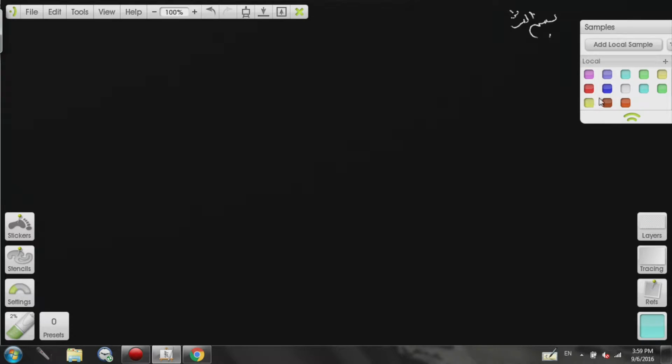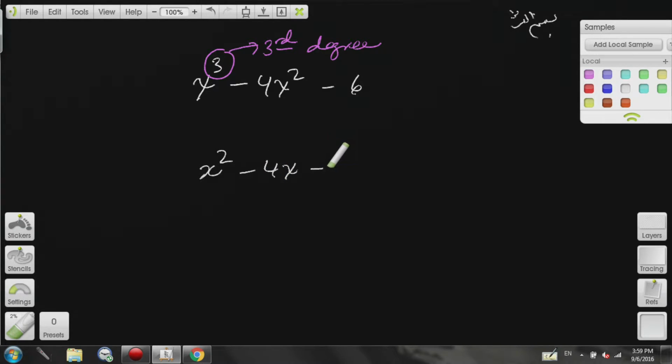So these are some basic terms that we need to know about polynomials. Now look, here's a polynomial. Now this is a 3rd degree polynomial, correct? So this is a 3rd degree polynomial with 3 terms. And this is a 2nd degree polynomial, correct? And a 2nd degree polynomial, see, is very special.